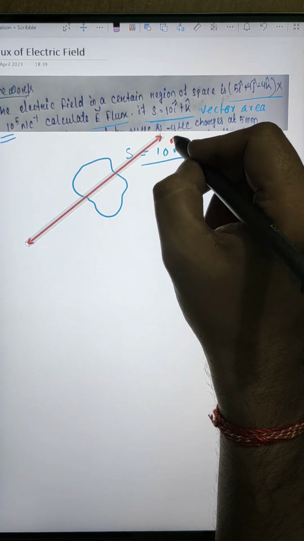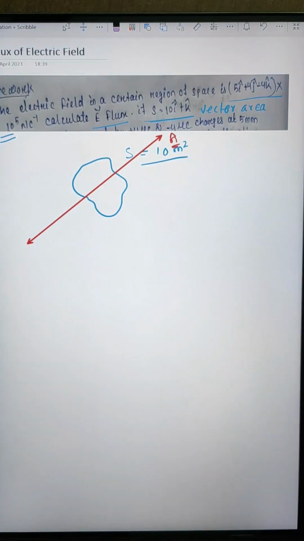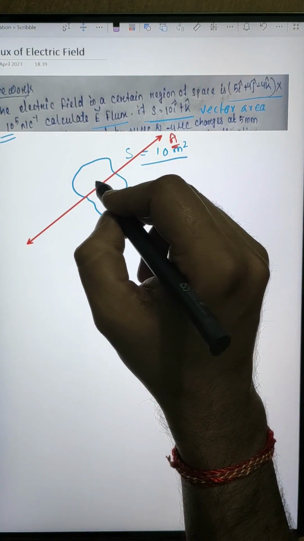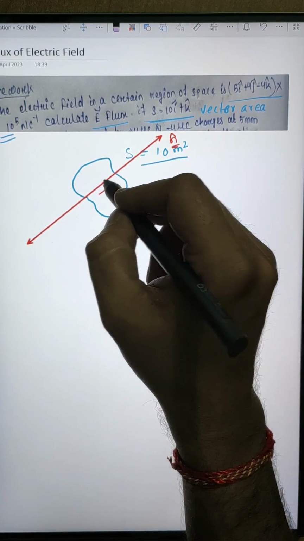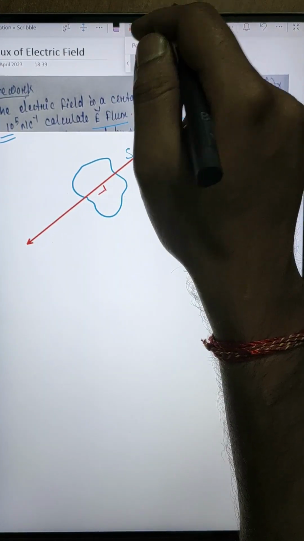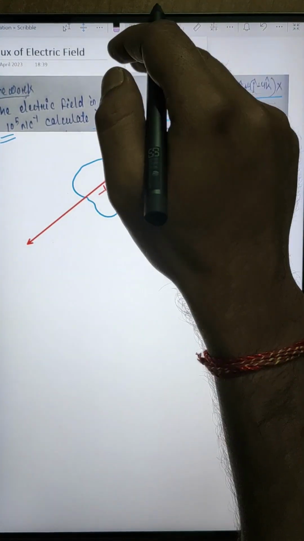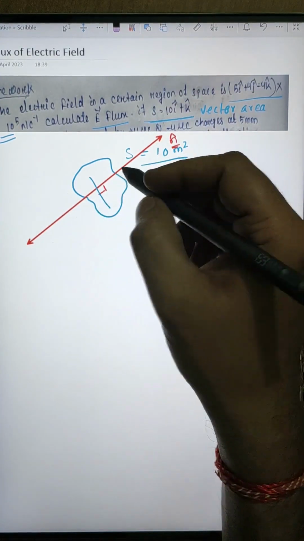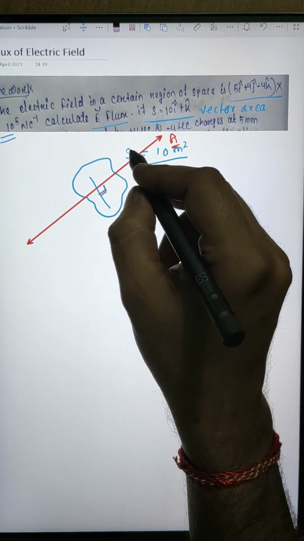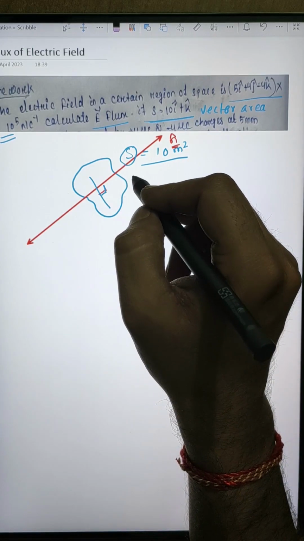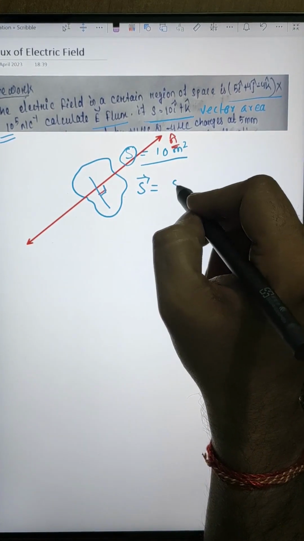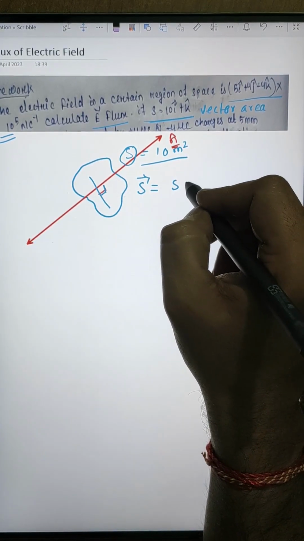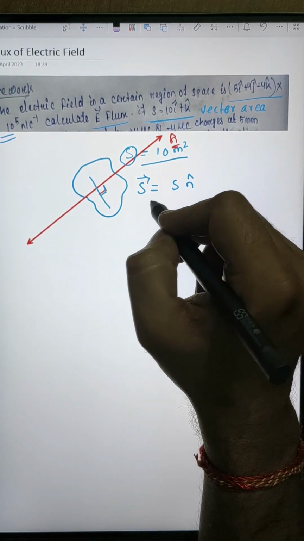If this is the unit vector along the normal, this vector is simply perpendicular to this area. Let's suppose if I draw that, this is perpendicular to any line existing on the surface S. Now the vector area S is given by the magnitude of the area multiplied by the unit vector.